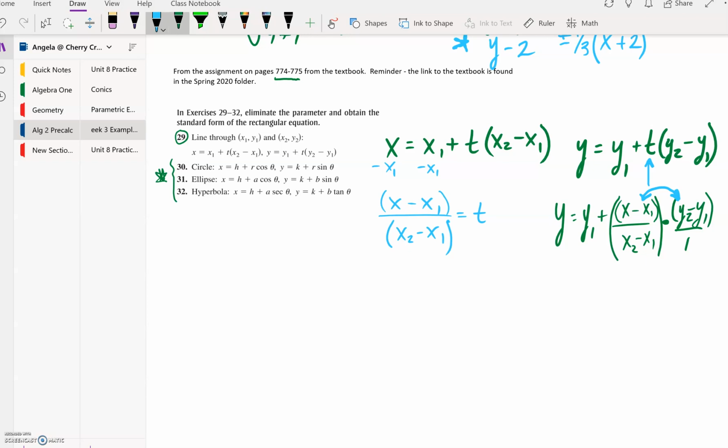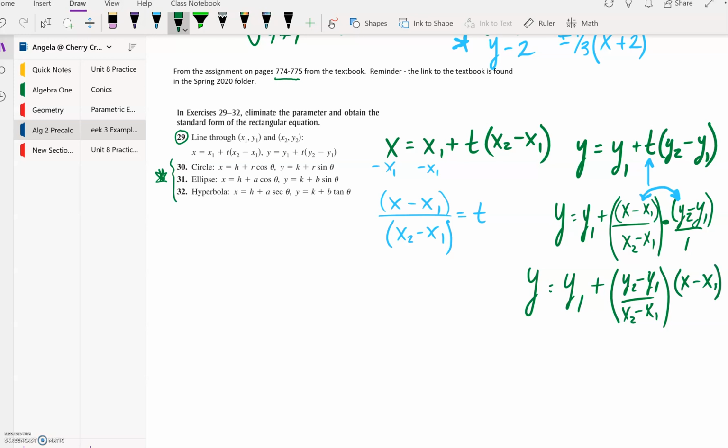So it's just a rewrite. It's going to look like this: y sub 1 plus, and then here in the top, we have y sub 2 minus y sub 1 over x sub 2 minus x sub 1. And then on the outside, we have our x minus x sub 1.